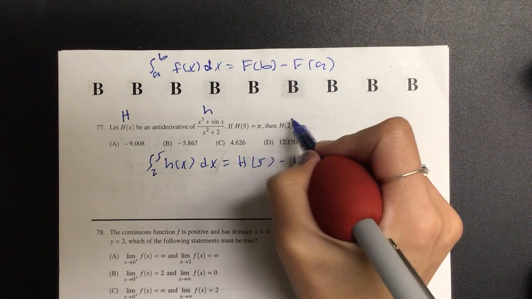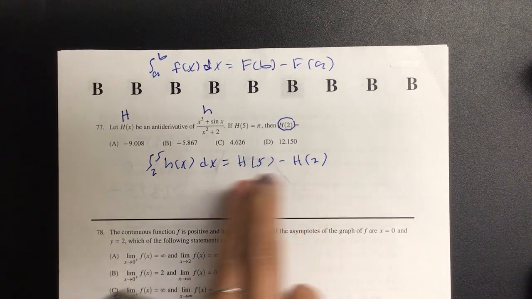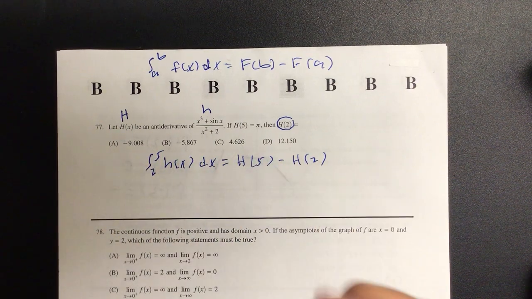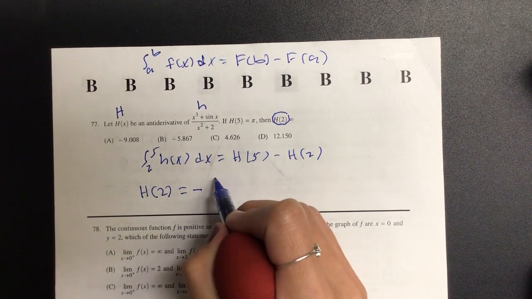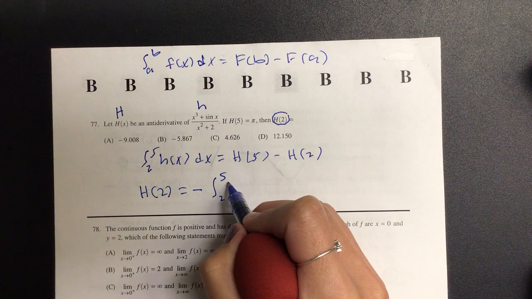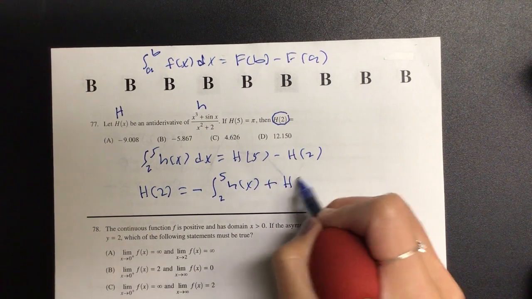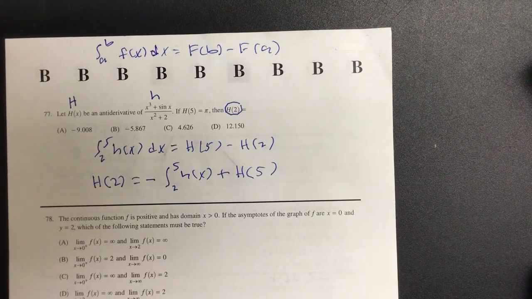And then our goal is to make big H of 2 by itself. To make this by itself, I'm going to move this guy to the left, okay? Because I want that to be positive. And move the integral to the right, meaning we have big H of 2 is equal to negative of the integral, that I'm not going to read all of, and then plus H of 5. And let's see about plugging it in.